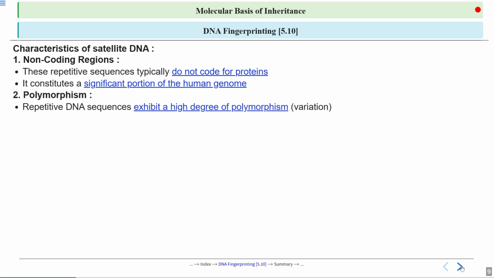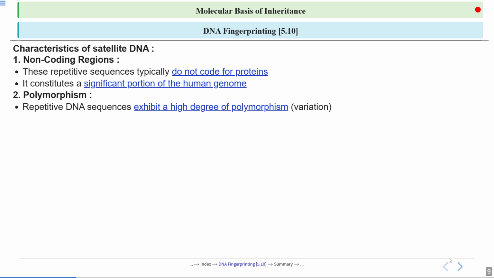Second, polymorphism. Now listen properly, because this is going to make the basis of DNA fingerprinting. What is polymorphism?